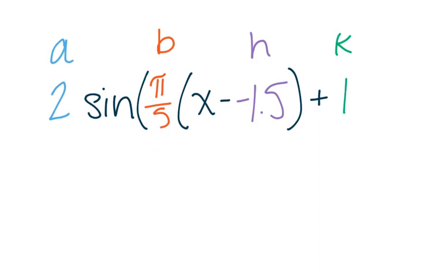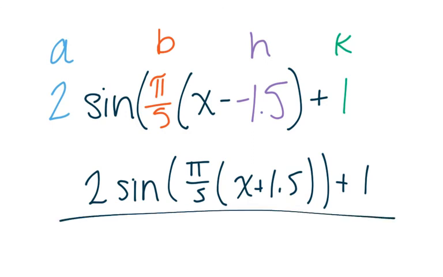My b, which determines my period, had to be the same because both of these equations, this sine version and the cosine version that I had up a few minutes ago, represent the same graph. That means my midline is also going to be the same. So my A, my B, and my K are all going to be the same. The only thing that changes, depending on what I use here, is my H.